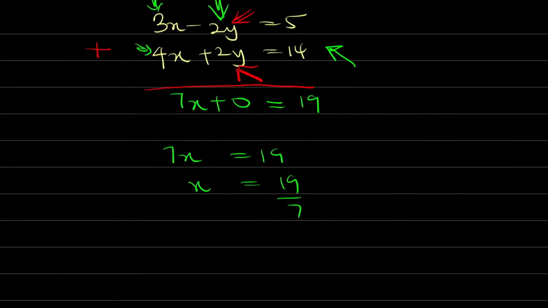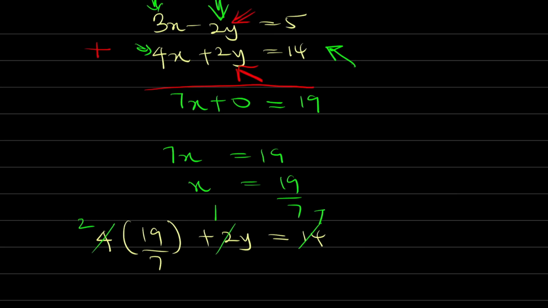This will then give me 4 into 19 over 7 plus 2y is equal to 14. I can divide through by 2, so that this gives me 2 here, this gives me 1 here, and this gives me 7.